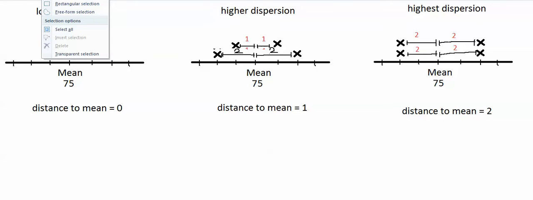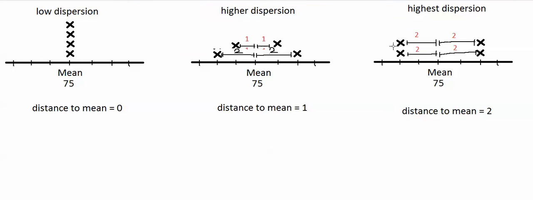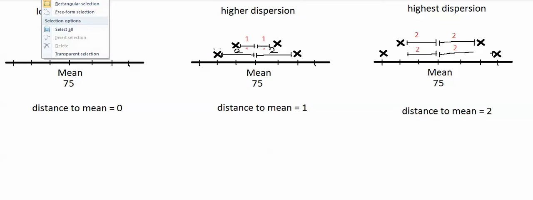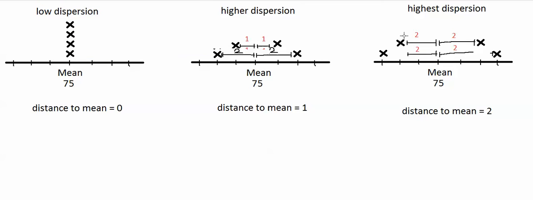And what if I had an outcome like this, where one student was out here, and one student was out here? So now the exam scores are 72, 73, 77, and 78. Well, this score of 73 is 2 away from the mean.